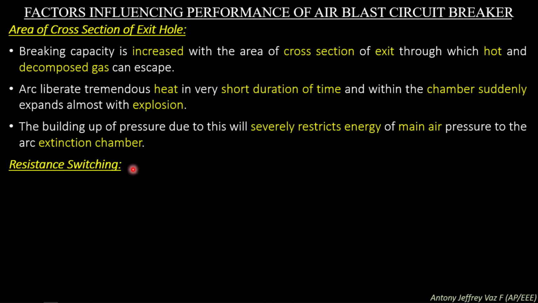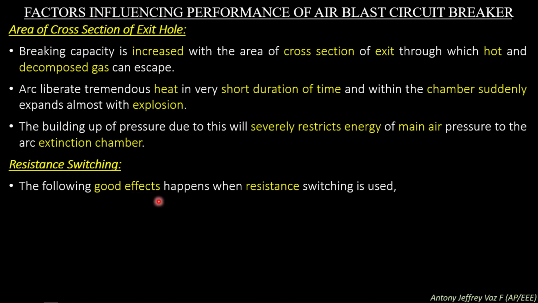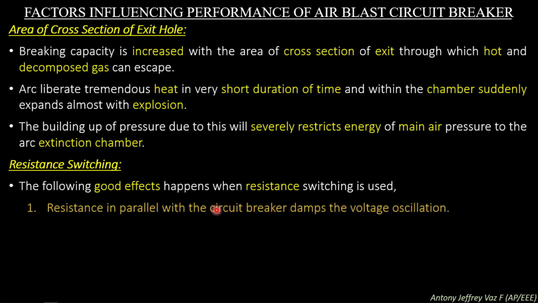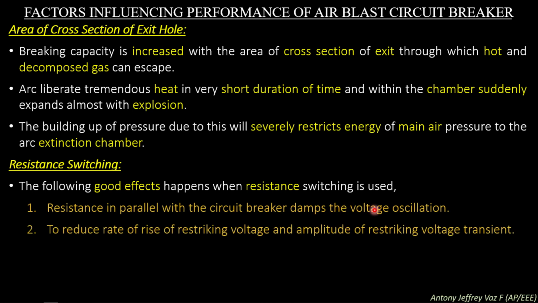Resistance switching. The following good effects happen when resistance switching is used. Resistance in parallel with the circuit breaker damps the voltage oscillation to reduce rate of rise of restriking voltage and amplitude of restriking voltage transient.